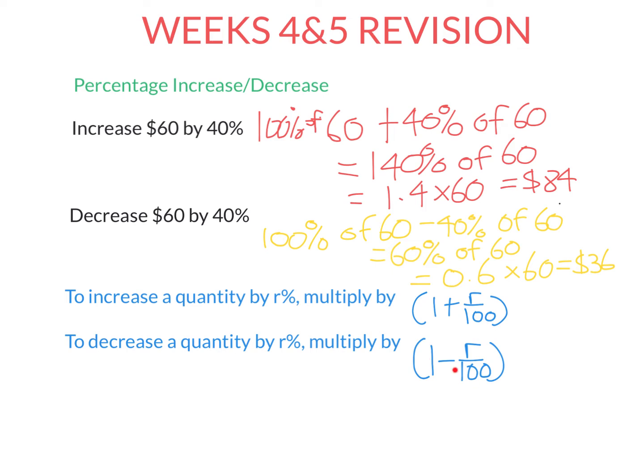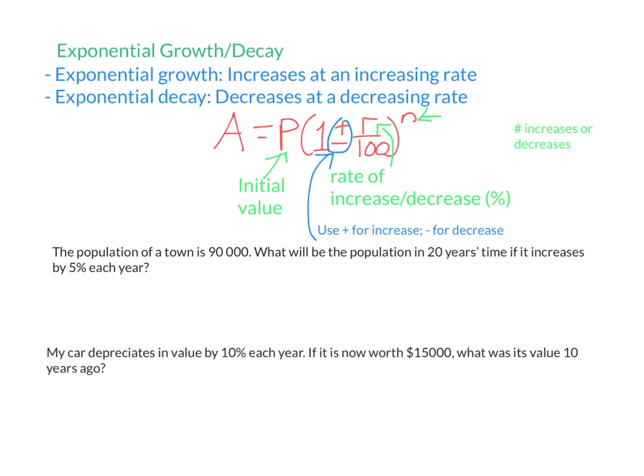So this is really important that we know this because this forms the basis for the exponential growth and decay formula. So when something has exponential growth, it increases at an increasing rate, and when it has exponential decay, it decreases at a decreasing rate. This is the formula for exponential growth and decay.